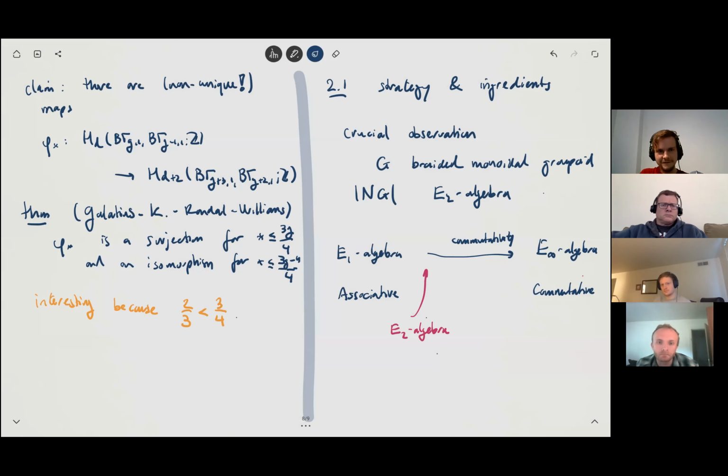Now, what is the official definition of this? The official definition uses the notion of an operad, which is a gadget that encodes algebraic structures with n-ary operations for all n greater than or equal to 0. And I'm going to write down what it is in this case.